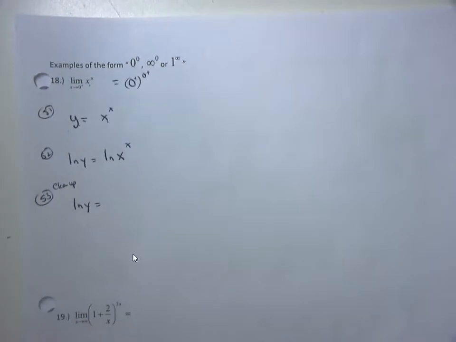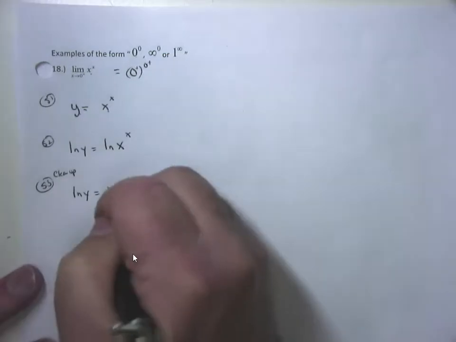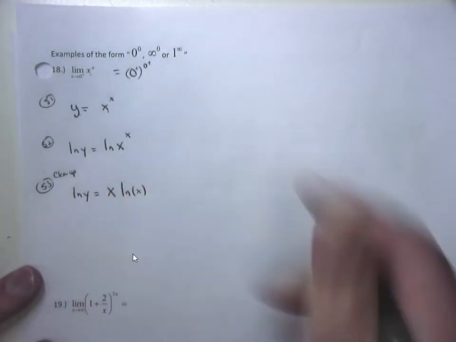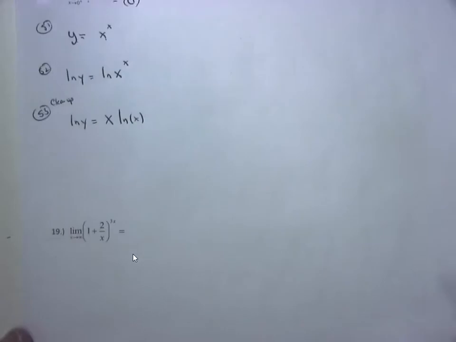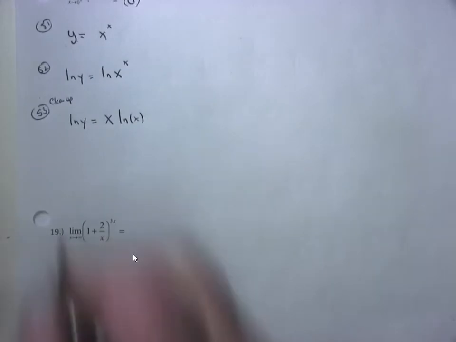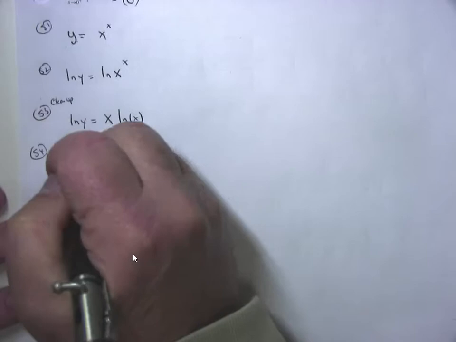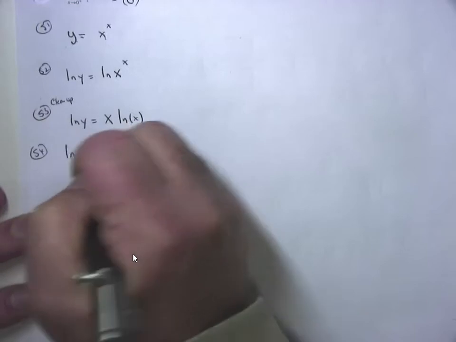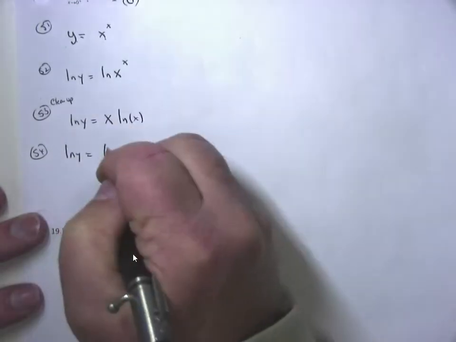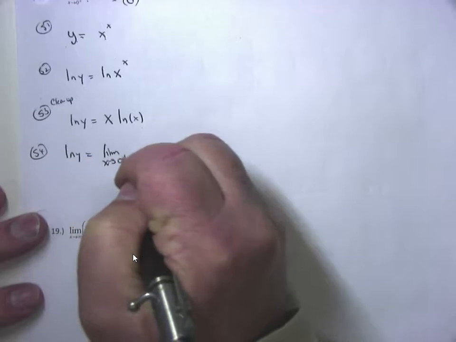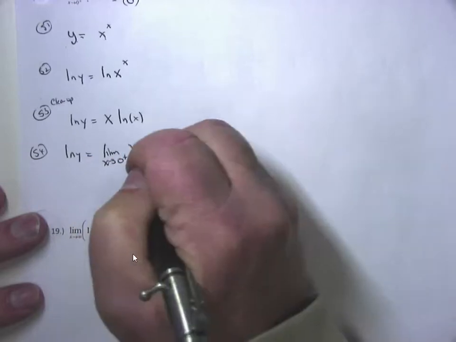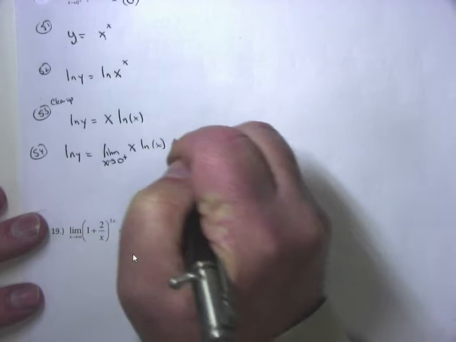Where do exponents get to go when you've got a log in front of them? Out front. That's cleaned it up. X times the natural log of x. And then step 4, the natural log of y is equal to, put your limit back in there, the limit as x approaches 0 on the plus side of x times the natural log of x.